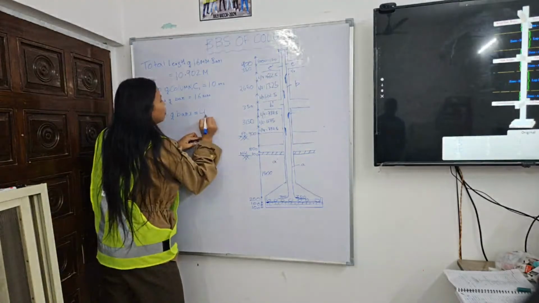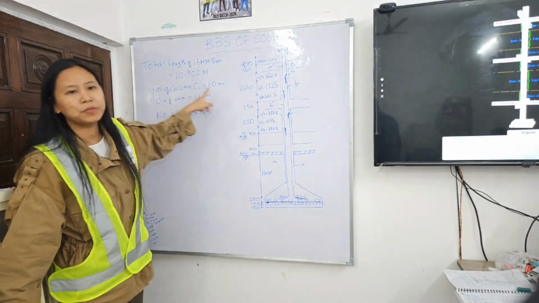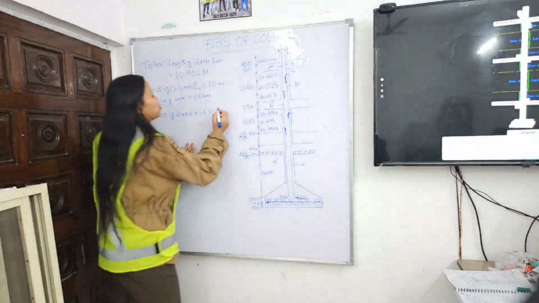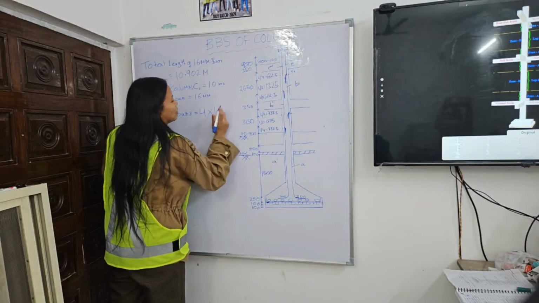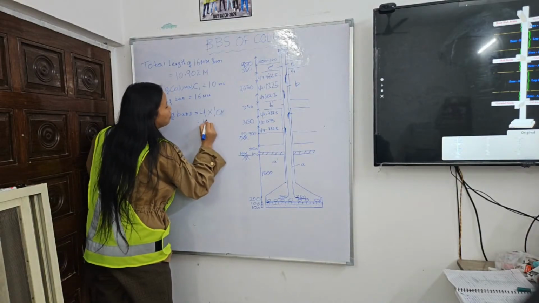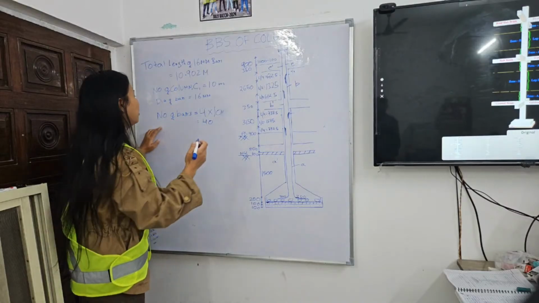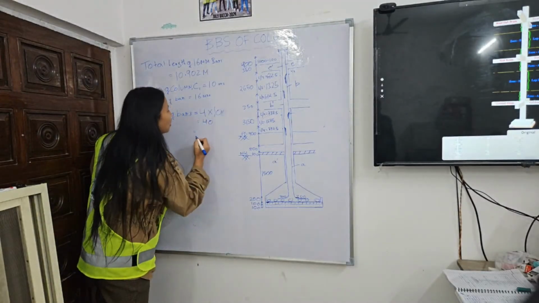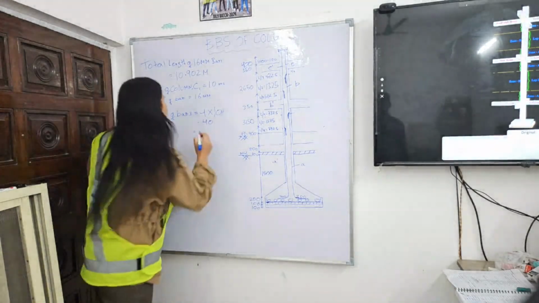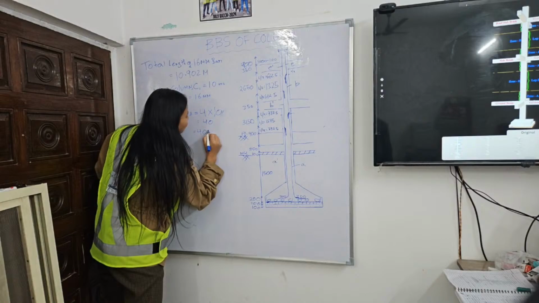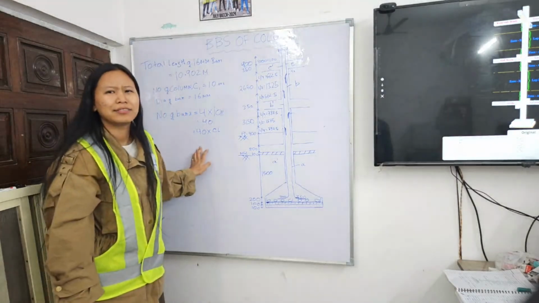So 4 into, how many columns do I have? I have 10 columns. So it will be 40. So for 40, it will be 40 into cutting length.